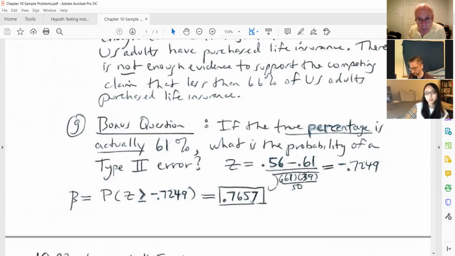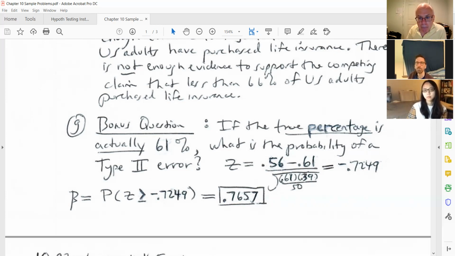Now your denominator, you have to be careful because now you need to put 0.61 in for your population proportion instead of 0.66. When you do this new test statistic, you come up with negative 0.7249. Now I hope you get what I'm saying with that part so far, right? New test statistic.